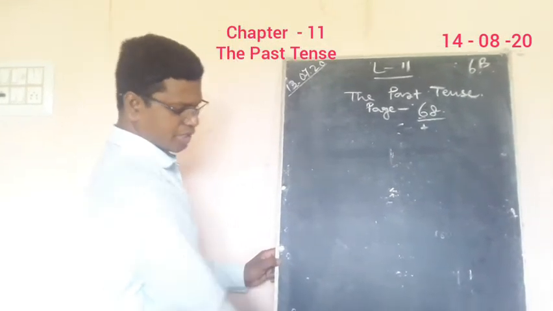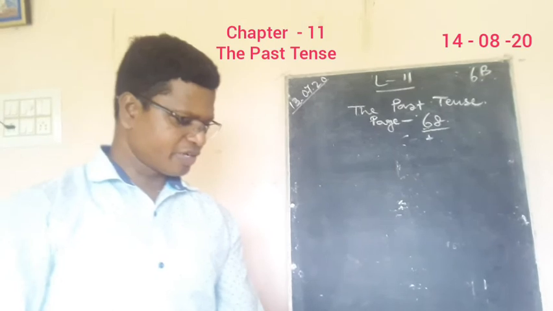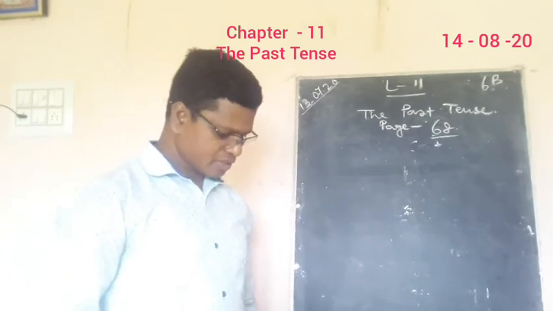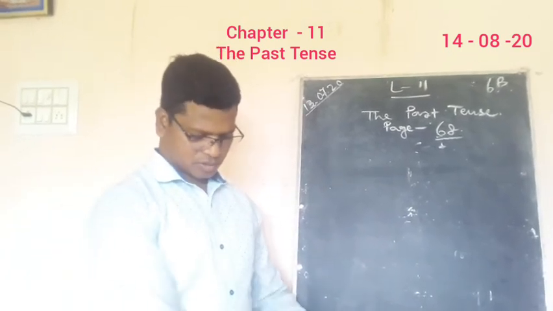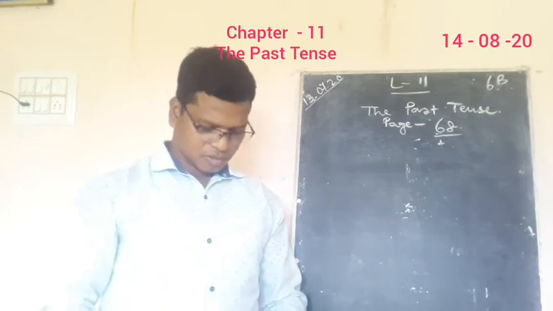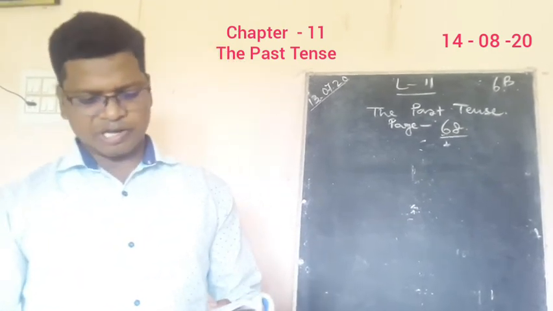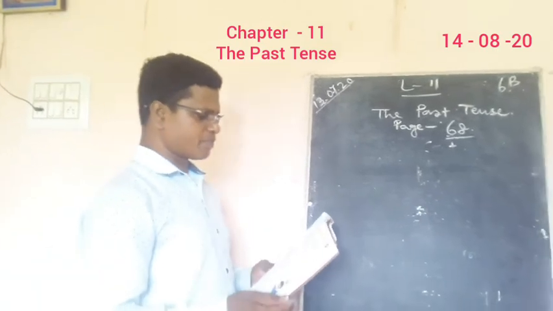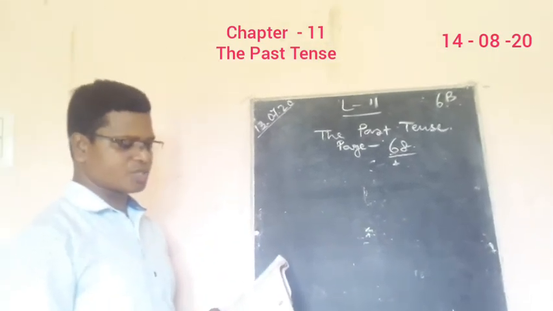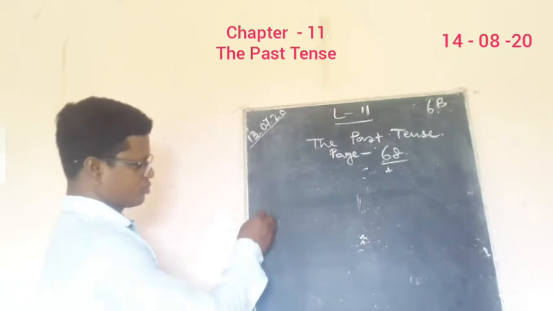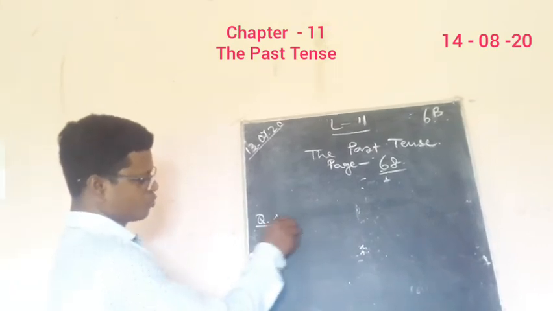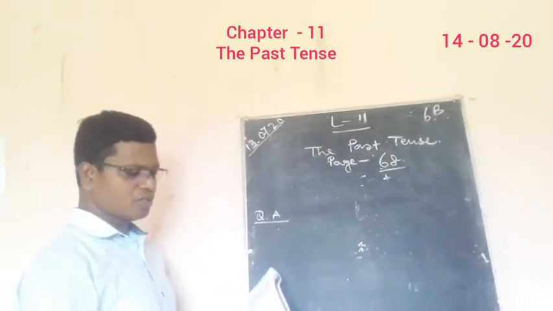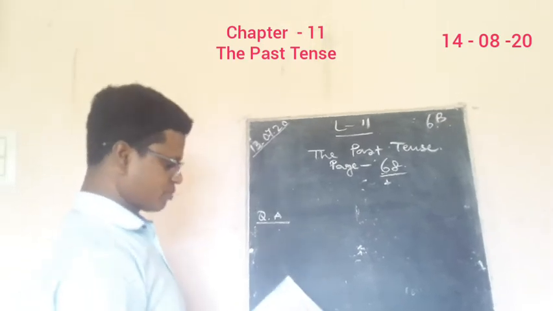Let us now move on to the exercises. We have here at page number 69. Question number A, complete these passages using the past forms of the verbs. So question number A, what do we have to use? We have to use the past tense of the verb in the bracket.